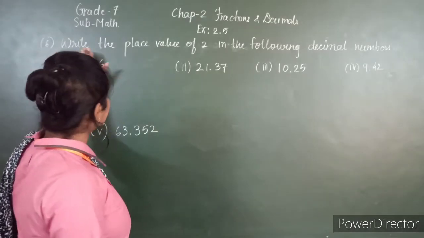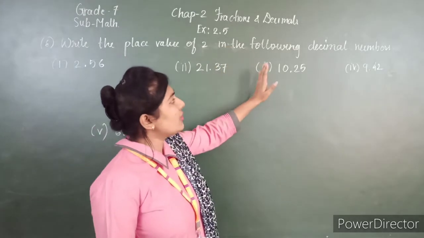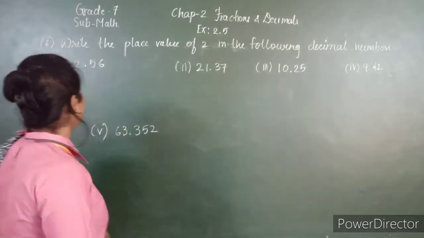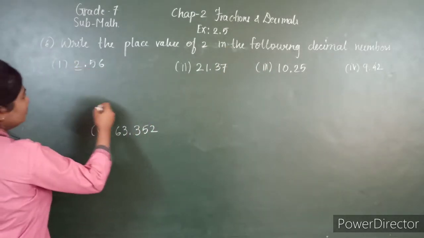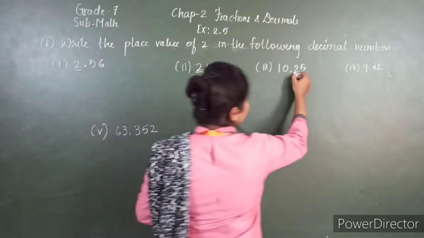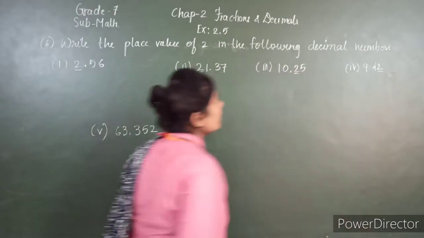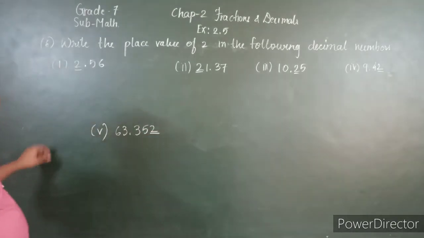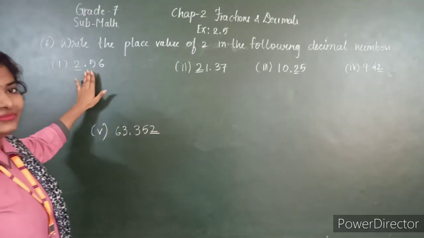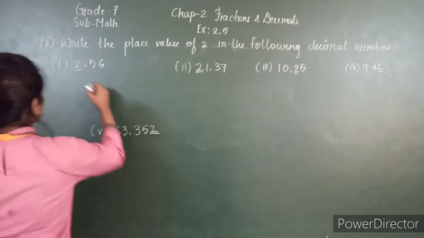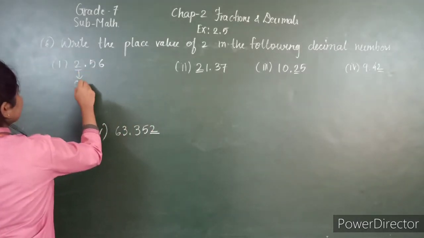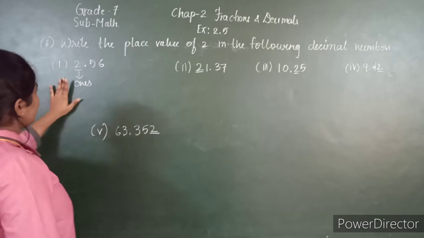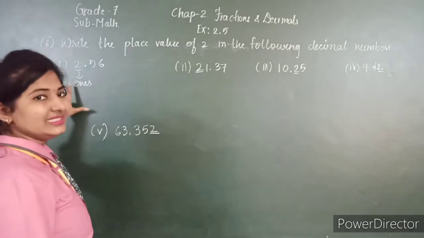Now question number 6, write the place value of 2 in the following decimal numbers. We are going to underline the place. So first number, 2.56. Here this place is considered as ones, so the place value of 2 is ones.